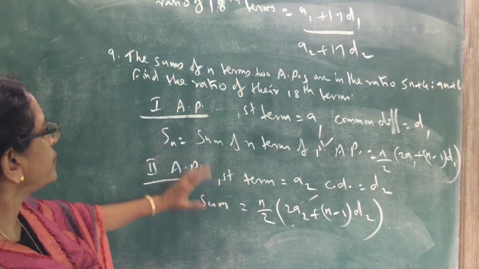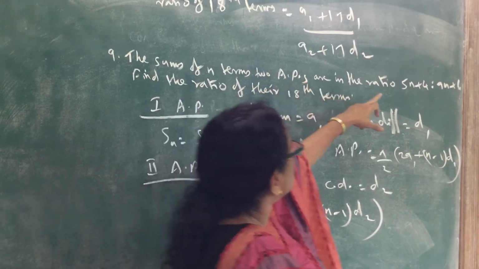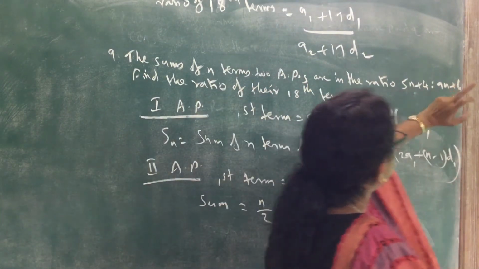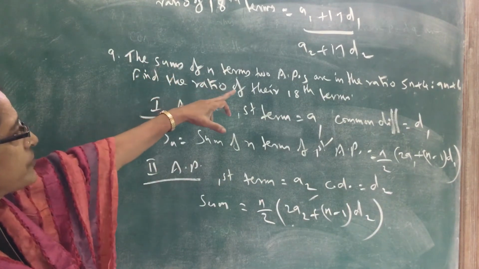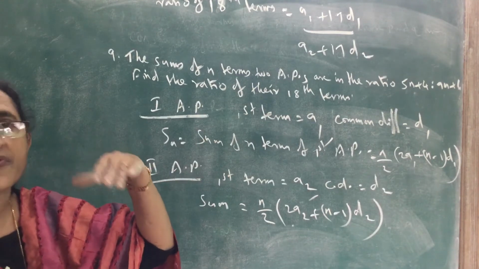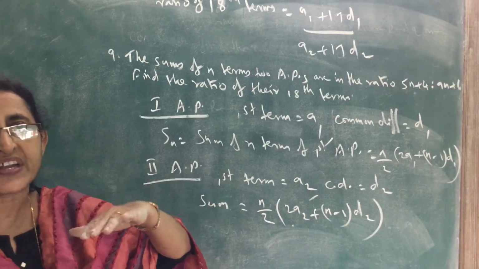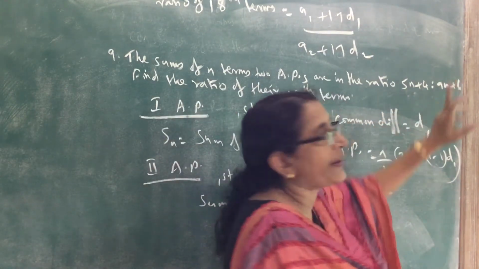Now, it is given that the ratio of the sum of n terms of two APs is 5n plus 4 to 9n plus 6. That means the sum of n terms of the first AP divided by the sum of n terms of the second AP equals 5n plus 4 divided by 9n plus 6.